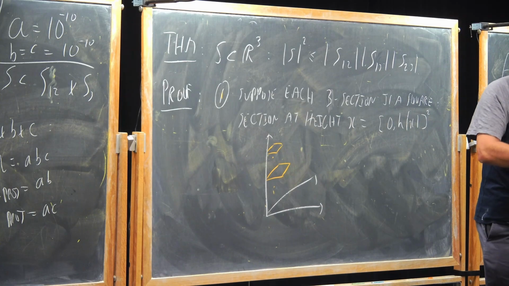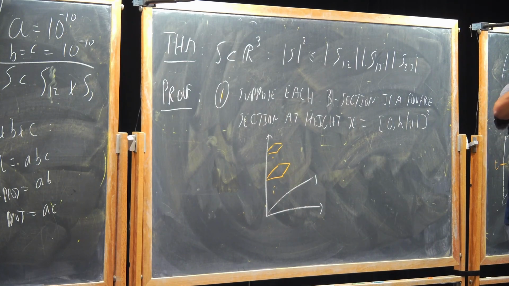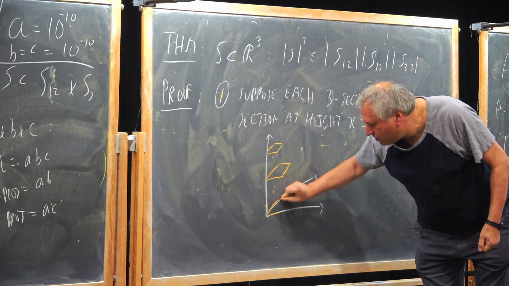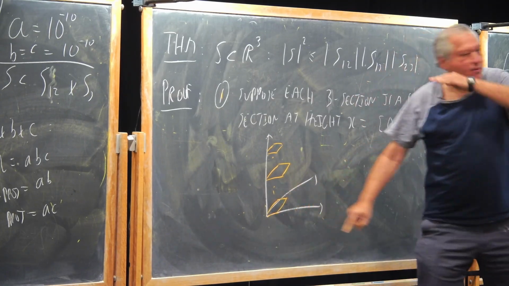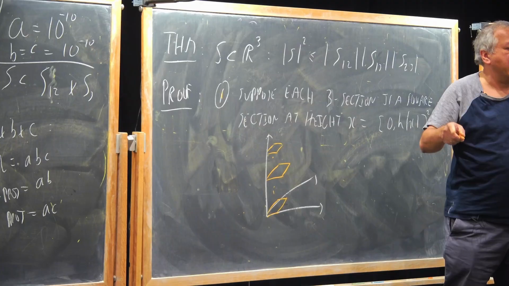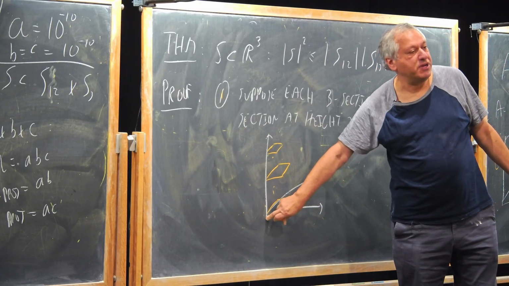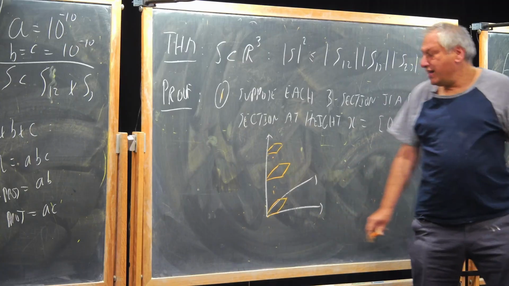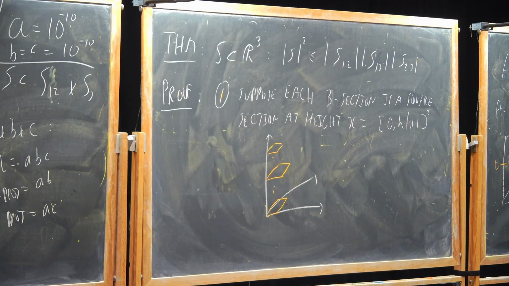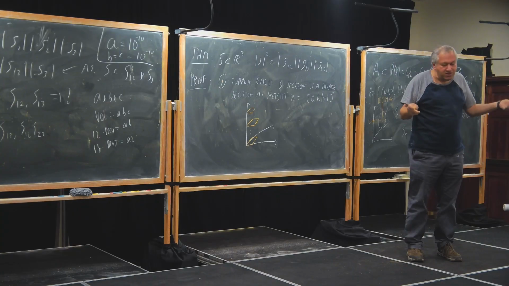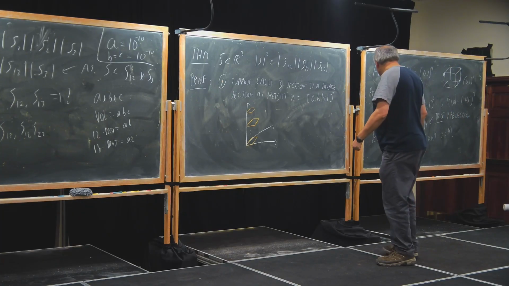My body could bulge in, bulge out, but all I'm assuming is that even right at the bottom, whenever you cut it, what you see is a square, an axis-parallel square with bottom left corner at the origin. Because if we can't do that case, we certainly can't do the general case. So let's see if it's going to be easy or needs some work. So let's try this one.